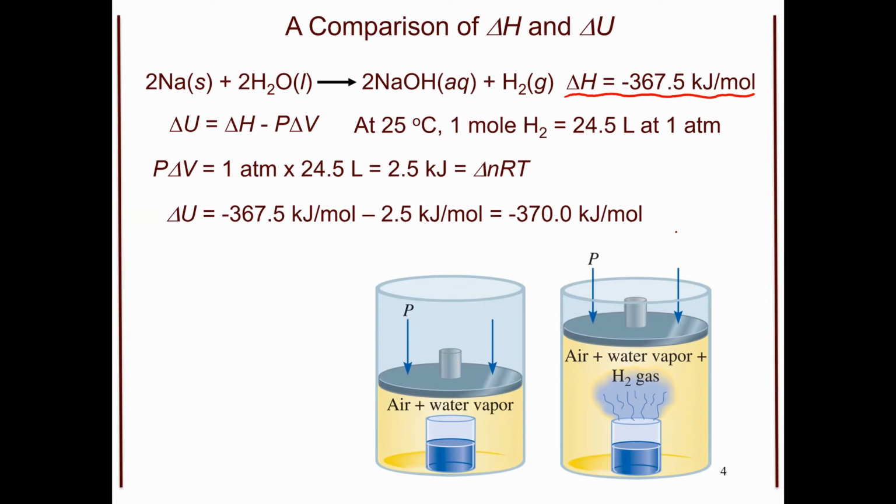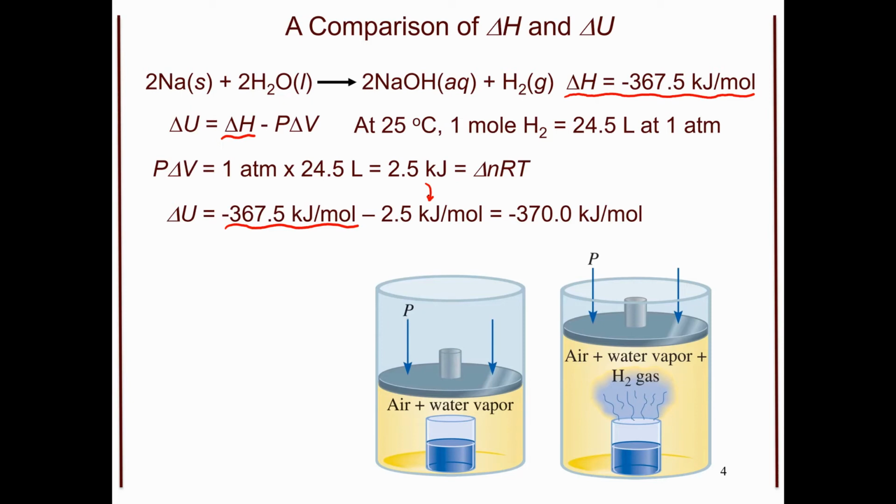That our delta U is going to be equal to our delta H, which you see here, and we have now plugged that value in there. Then finally, we are able to take our 2.5 kilojoules from our delta nRT and immediately plug it in here. This means that we are going to get a change in internal energy of negative 370 kilojoules.